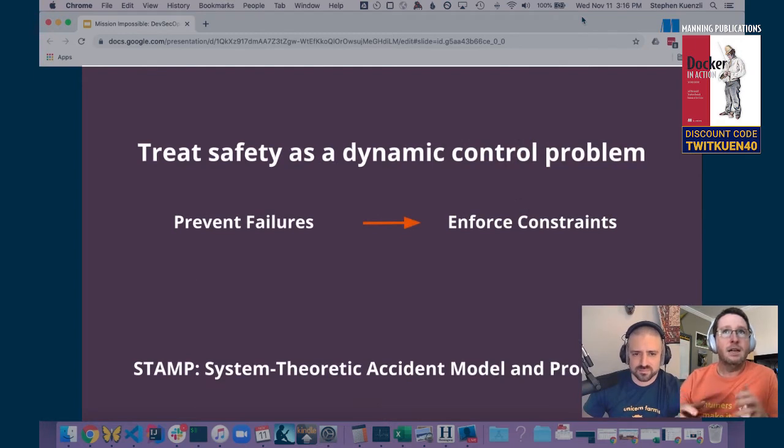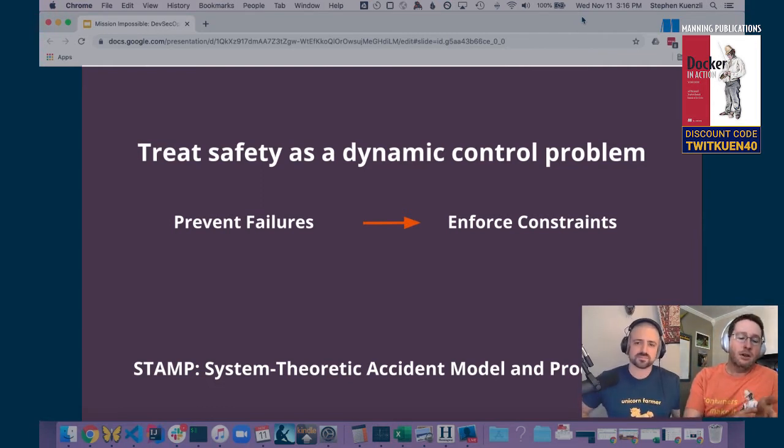And the key idea in STAMP is that instead of focusing on preventing failures, we shift our mindset to defining and enforcing constraints. I'll talk about preventing failures as sort of like the magic firewall solution, or this Swiss cheese model where as long as our defenses are such that the holes don't line up in the pieces of Swiss cheese, we're all good.